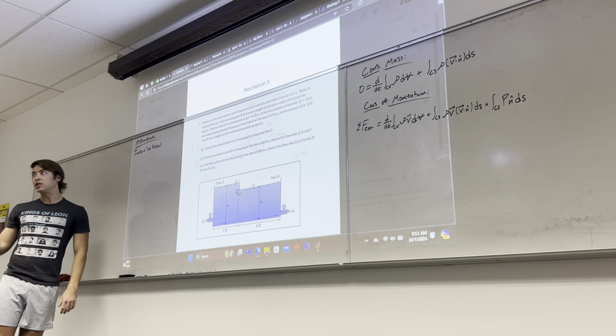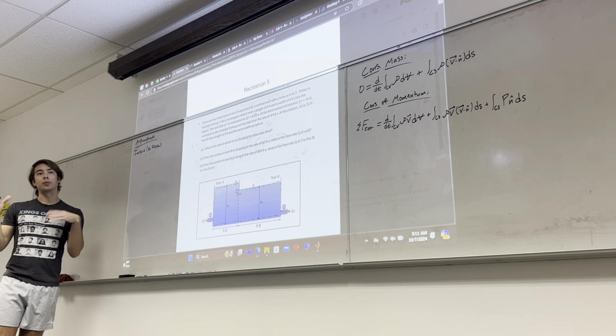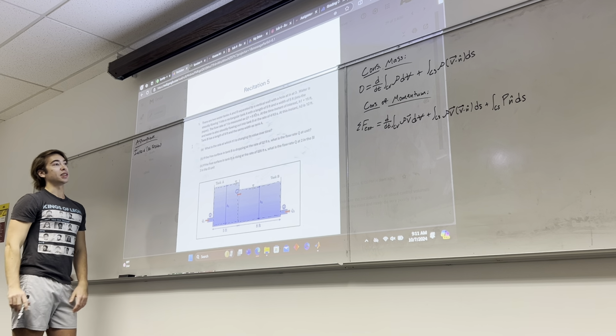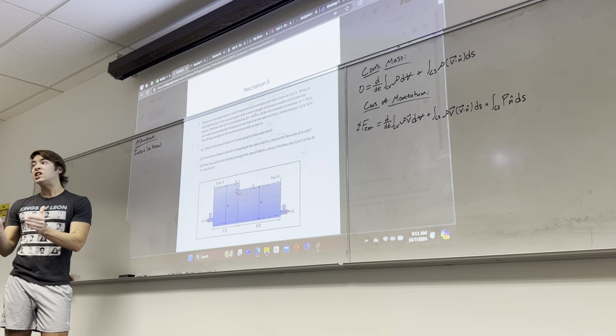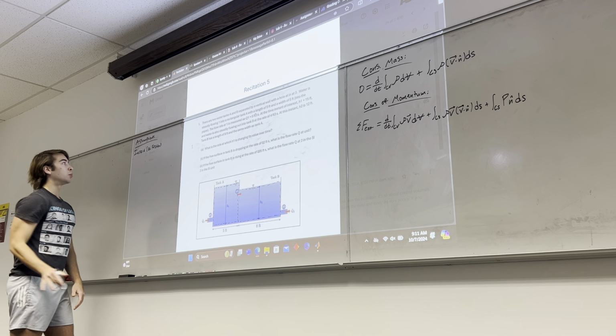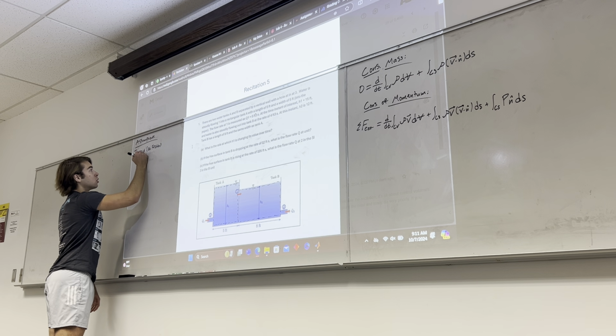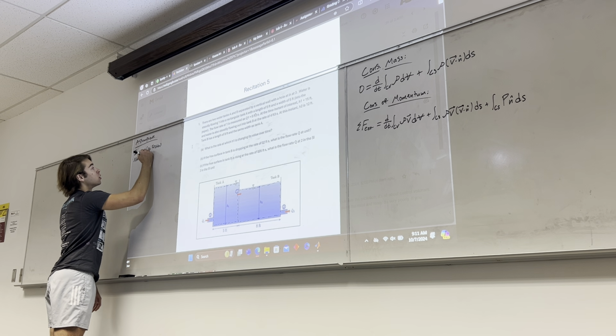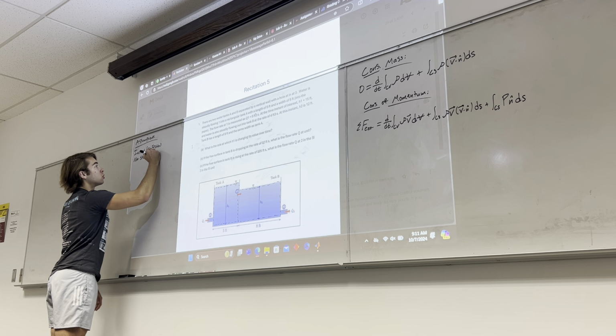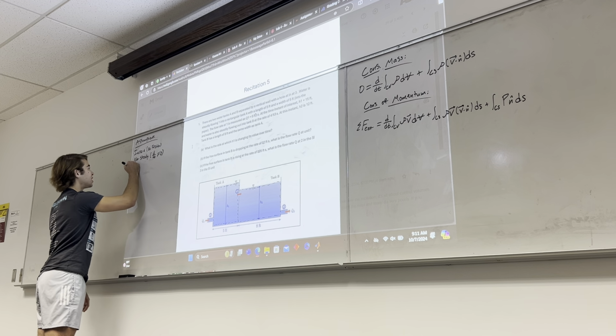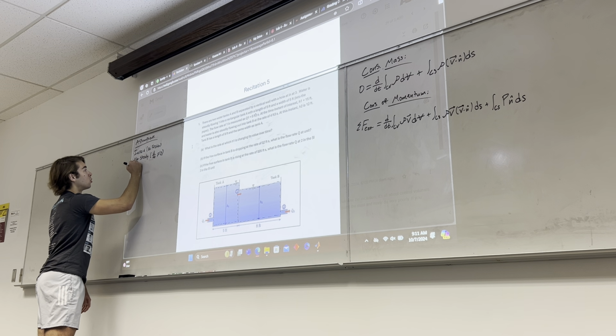You'll see me write that on some of your homework keys: unsteady term equals blah, blah, blah. If it was steady, we could say that equals 0, but we can't. So it's unsteady, and it does not equal 0.